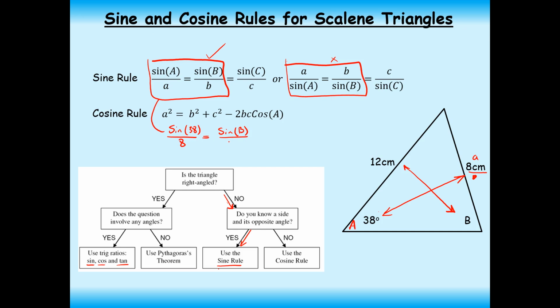Instead of writing 12 here, I'm just going to multiply both sides by 12, so the 12 disappears. Now we have sine of B. To get rid of the sine, you have to use inverse sine, so the sine cancels with the inverse sine. So B equals inverse sine of 12 times this fraction, sine of 38 over 8.